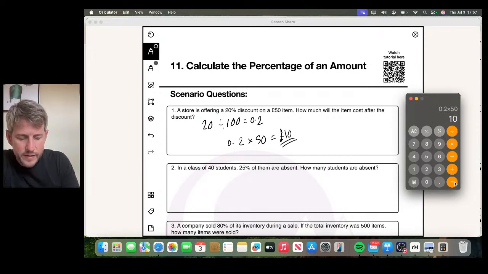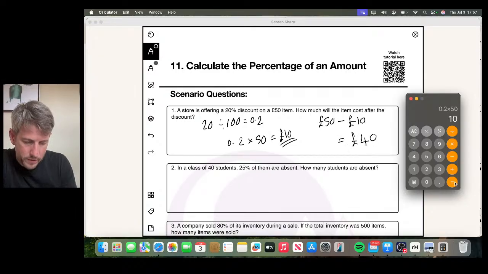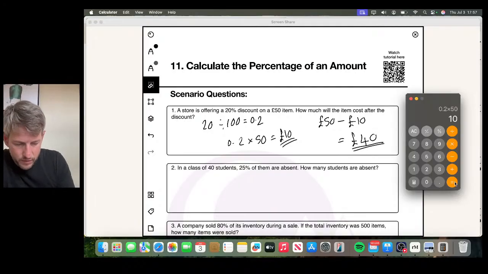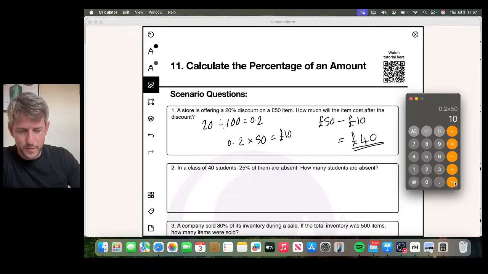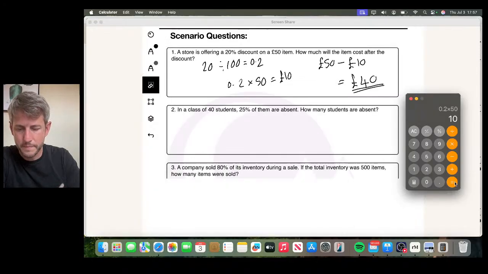Okay, so the discount is £10. So how much will the item cost after the discount? Well, that's going to be £50 take away £10, which will equal £40. Okay, and let me get rid of those lines there because that makes it look like the answer. So there we go, that's the first one done, £40.